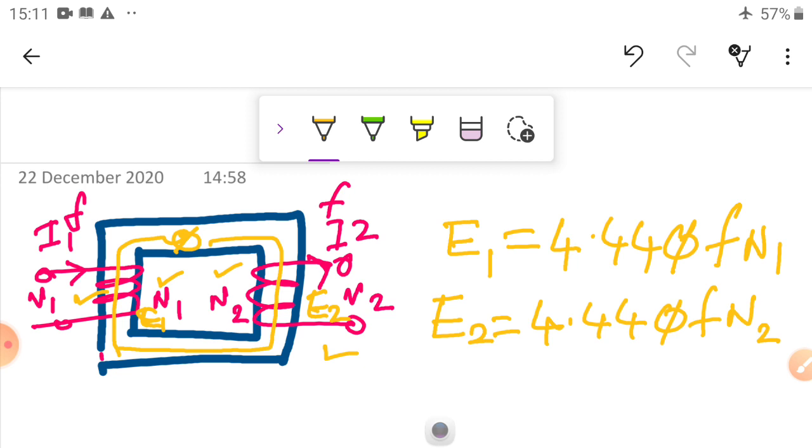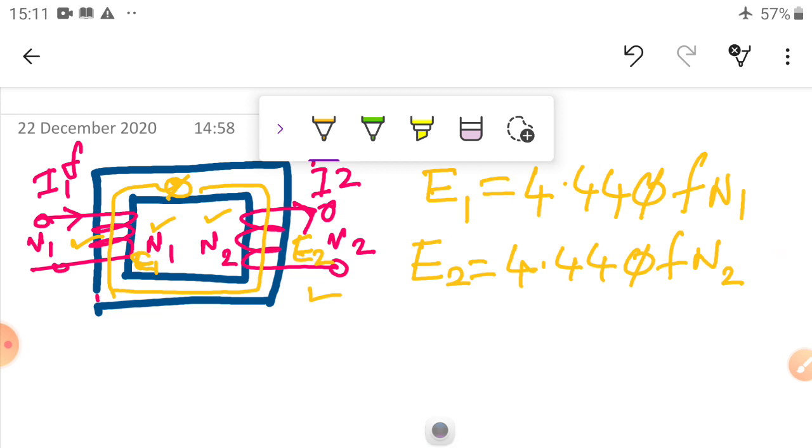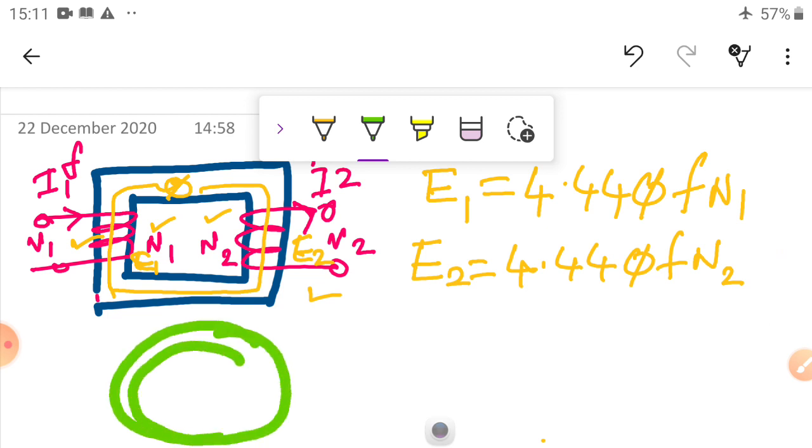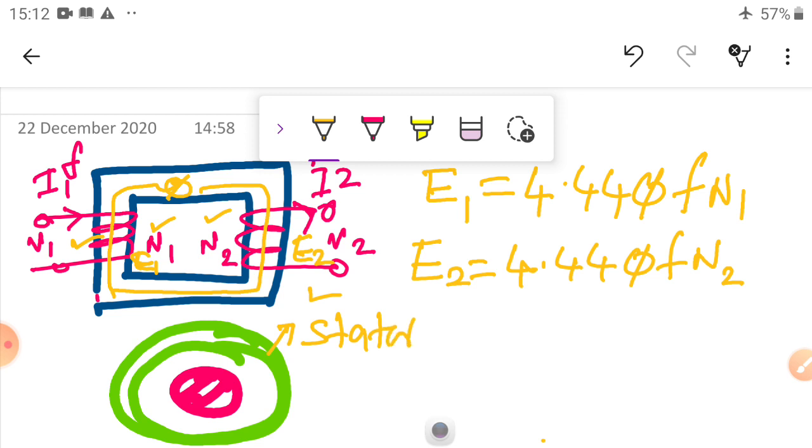In the transformer the primary frequency and secondary frequency are the same. Now, for example, we take the induction motor. Here the primary is equal to the stator, and this is equal to the rotor.